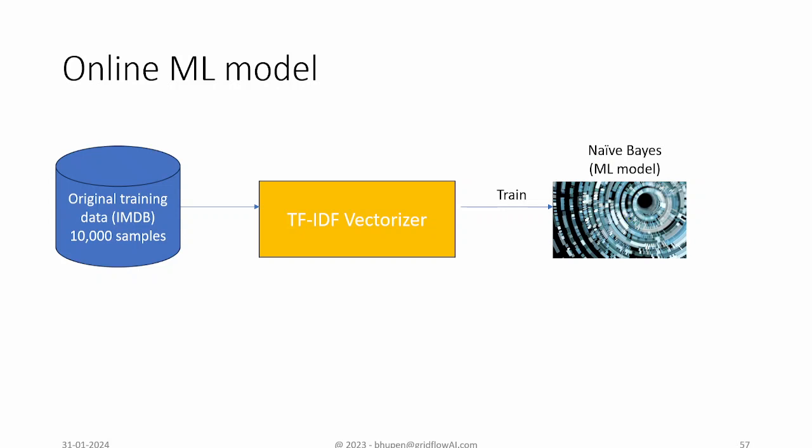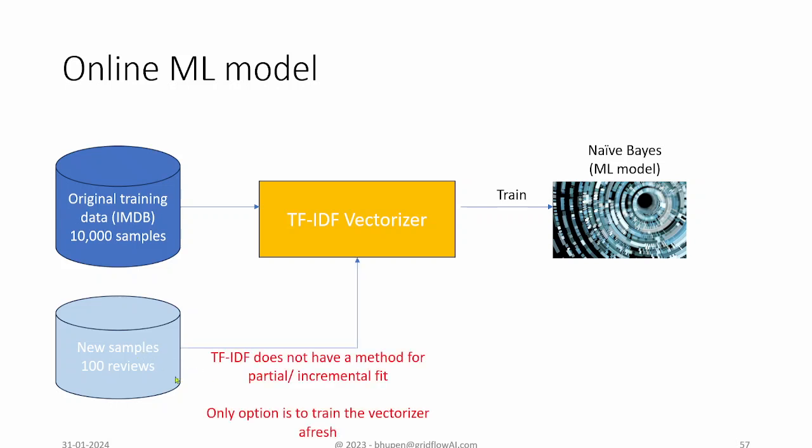Now, when it comes to partial update of the model, what it essentially means is some new samples, let's say 100 of them, and we would like to vectorize these new samples. And after that, it should automatically train the machine learning model in an incremental way.